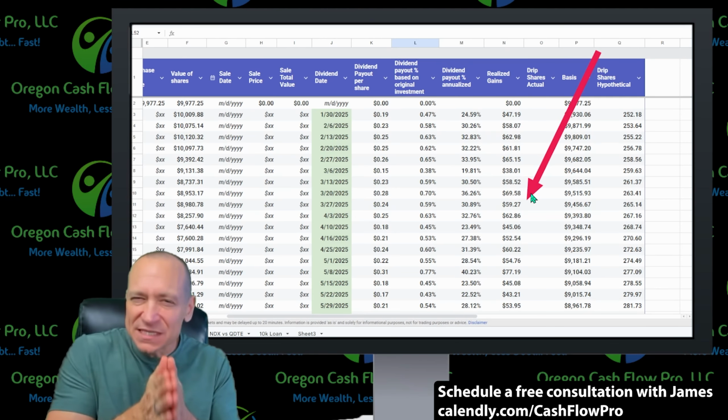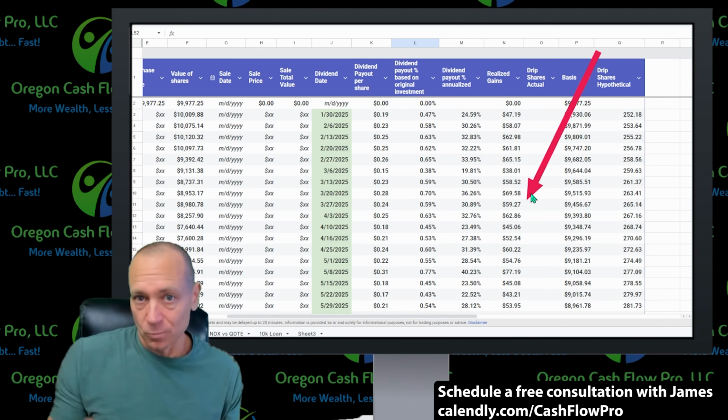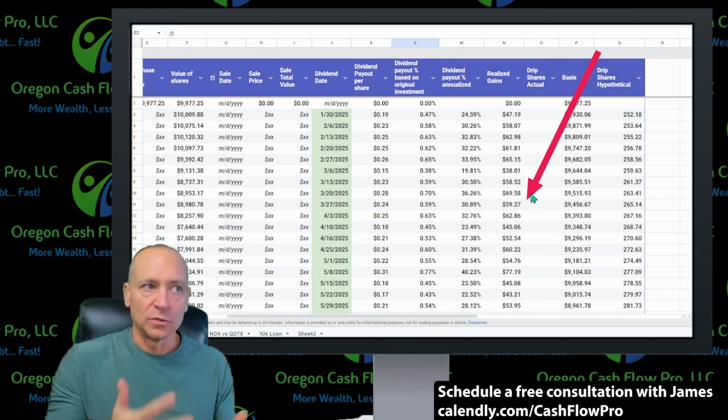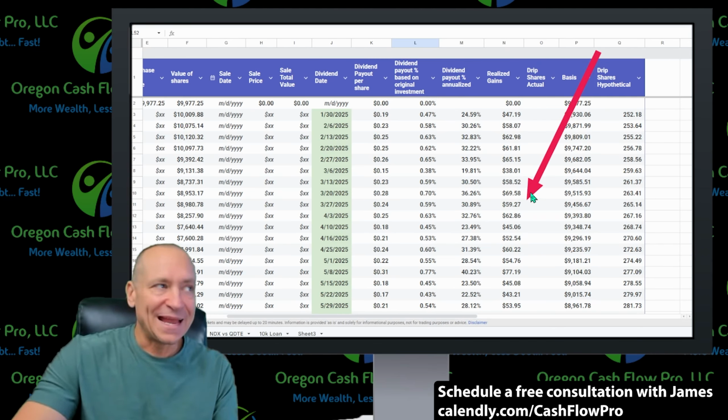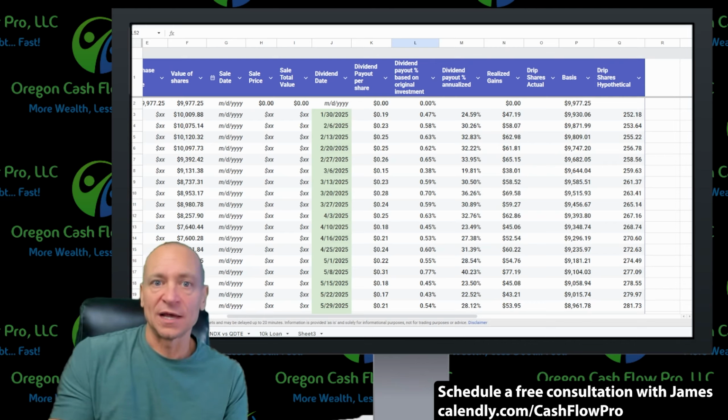So this was a specific use case, and we framed it as a challenge because we didn't know how this was going to play out. These types of indexes are relatively new. This one had been out for a year, and at the time, it had actually outperformed the underlying NDX by about 3%.